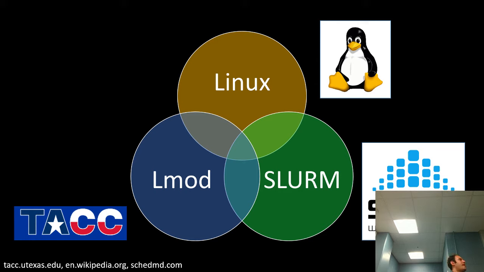It is used quite universally among supercomputing centers. In fact, at this point, 500 of the top 500 supercomputers in the world use Linux. And Slurm is the software that we use to interact with the server, with the scheduler, I mean.